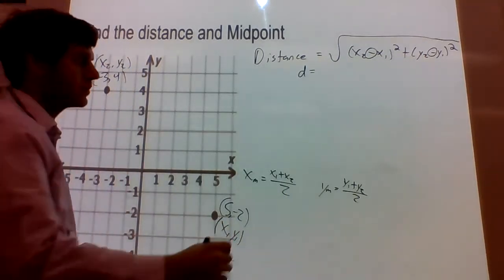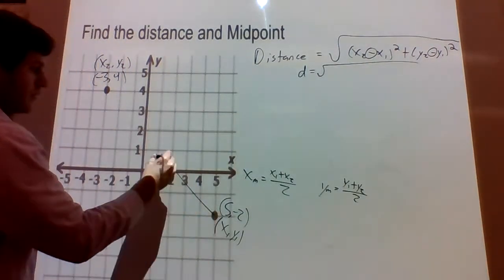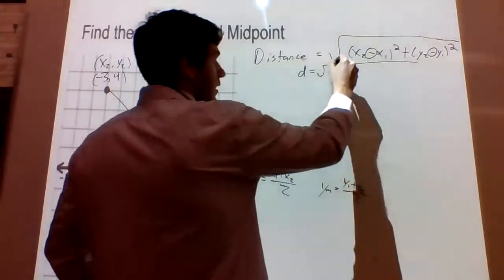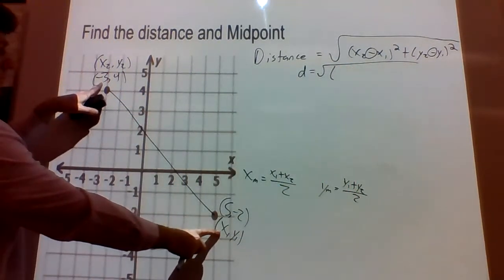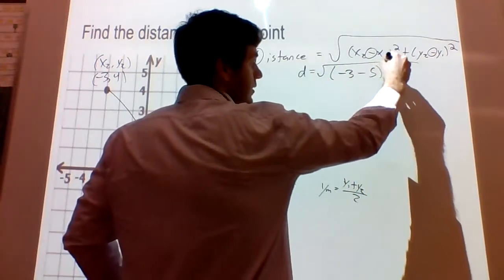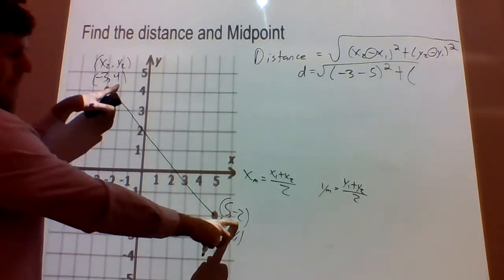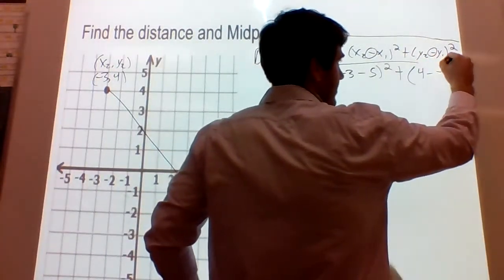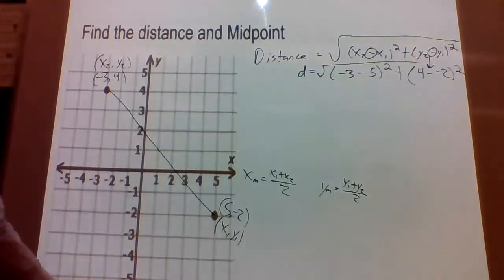So the distance between these 2 points is x2 minus x1 squared. So here are our x values: -3 minus 5. Don't forget your negative. And the y values, we have 4 minus -2 again. Don't forget to bring down that subtraction sign.